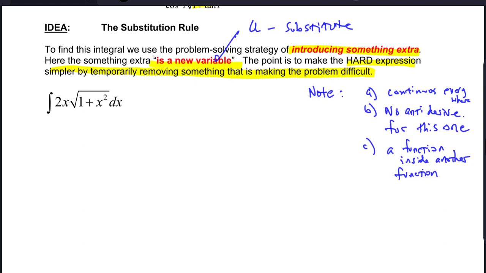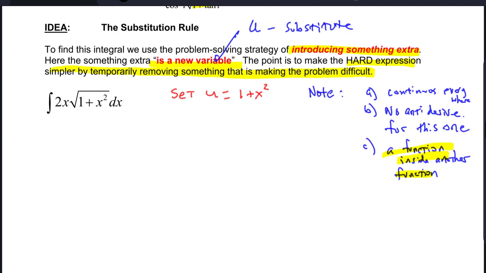And the part that's making it extra complex is a function inside of a function. So my goal is to make this problem easier. And what I'm going to do is I'm going to take u and set u equal to 1 plus x squared.